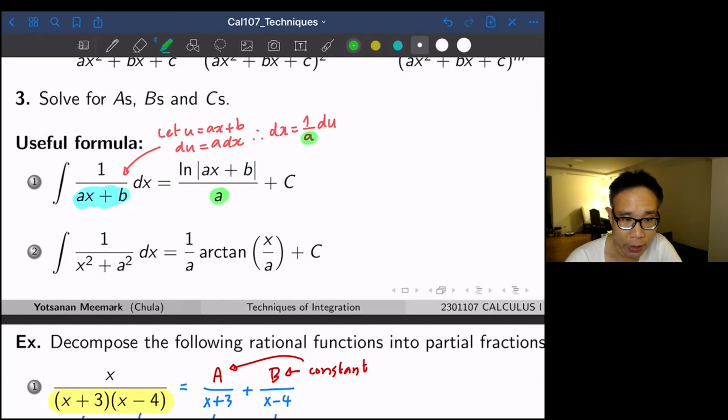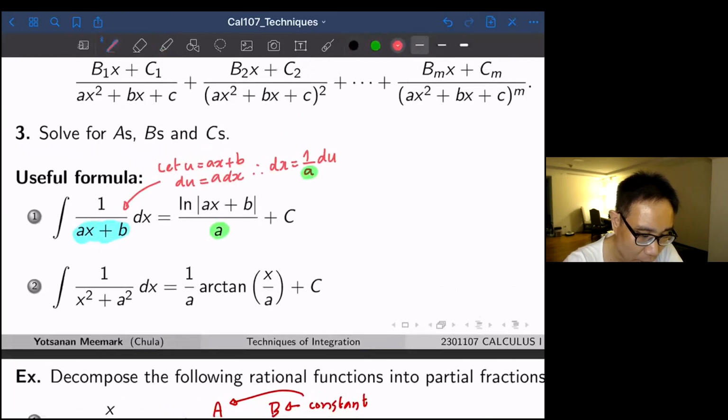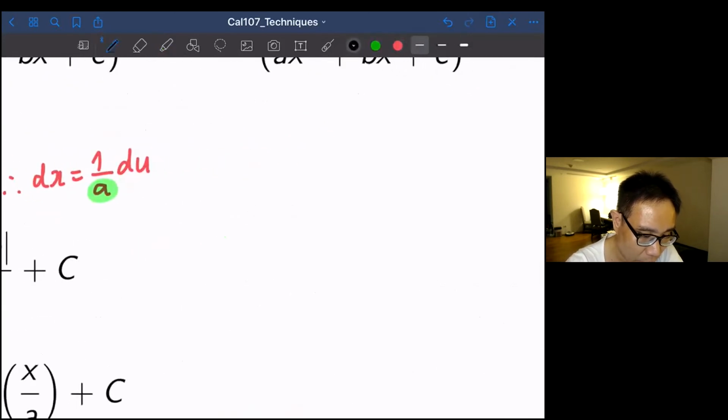So the integral of 1 over (ax plus b) dx is log absolute (ax plus b) over a.